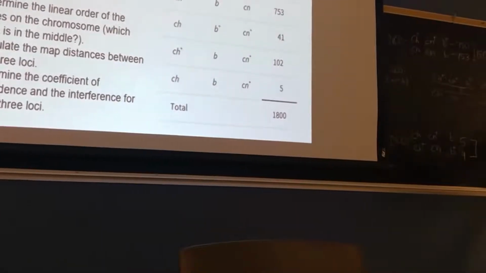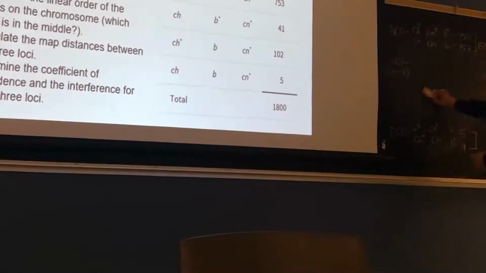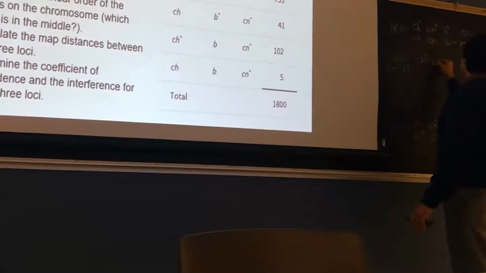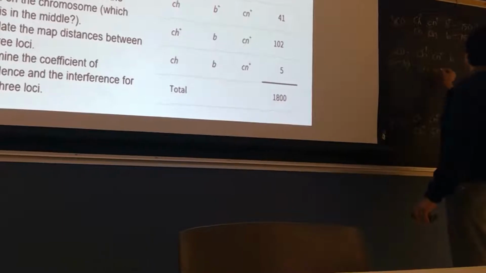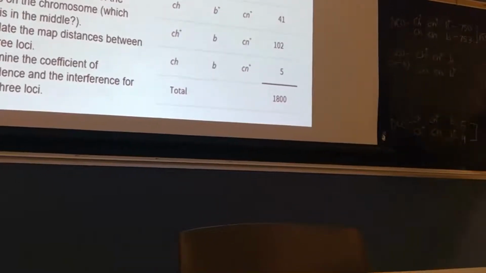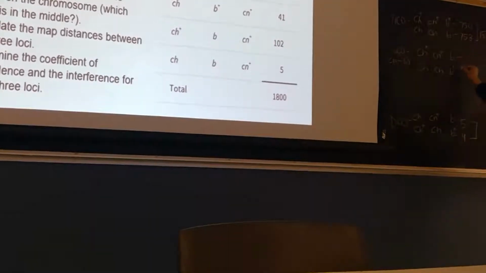If this is the thing, I need to take this one as the single crossover type. So CH plus, Cn plus, P, and CH, Cn, and P plus. What are the numbers?